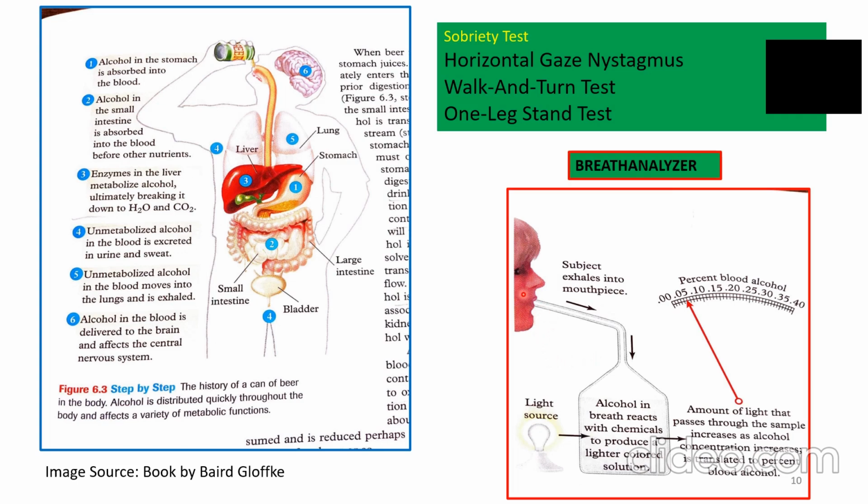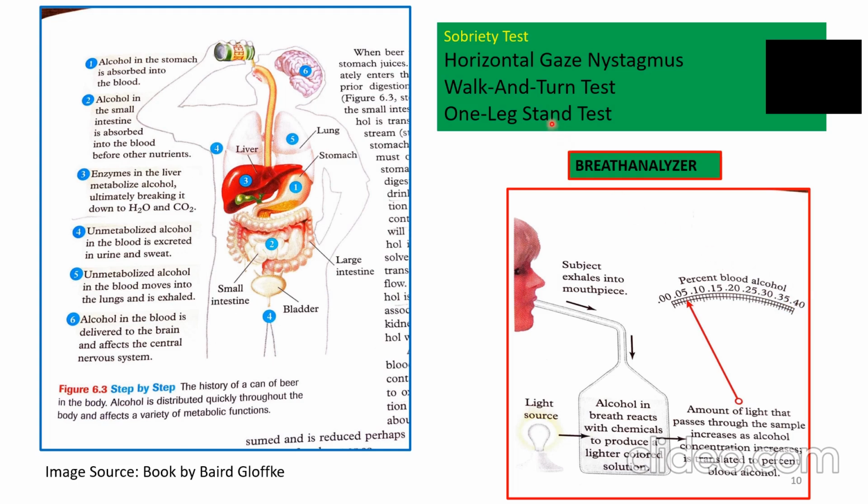When a person exhales, the light source passes through a chemical, where the alcohol in the breath reacts with the chemical, which produces a lighter colored solution. As the alcohol concentration increases, the amount of light passing through the sample changes, and it is translated to the percentage of blood alcohol, which we can see on the detector. This is how the breath analyzer works.